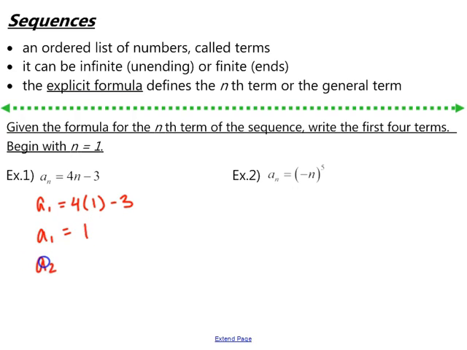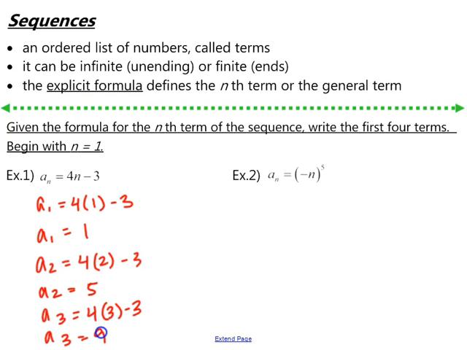A sub 2 is the number we get when we substitute in 2 for n. And when we simplify, a sub 2 will give us 5. A sub 3 is the number we get when we substitute in 3 for n. And when you simplify, we'll get a sub 3 is equal to 9.